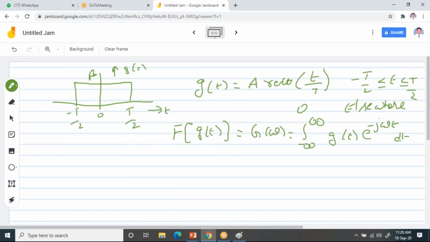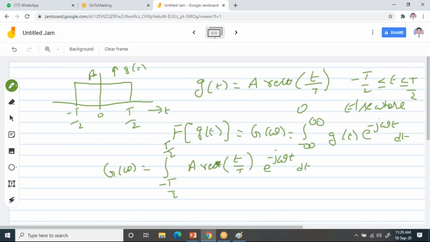Hence I can write this as G of omega, integral minus T by 2 to T by 2 A rect of t by T into e power minus j omega t dt.